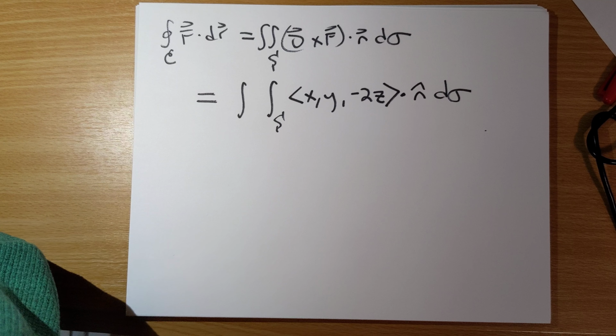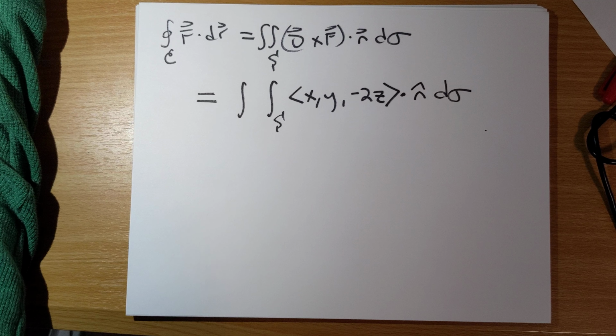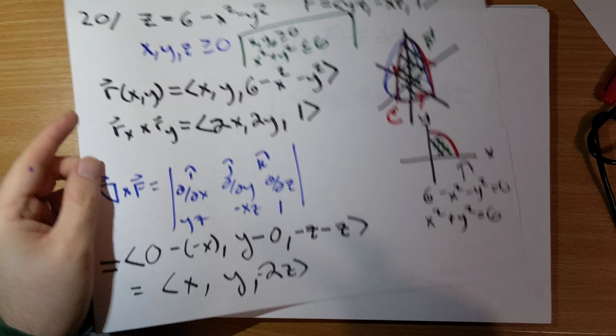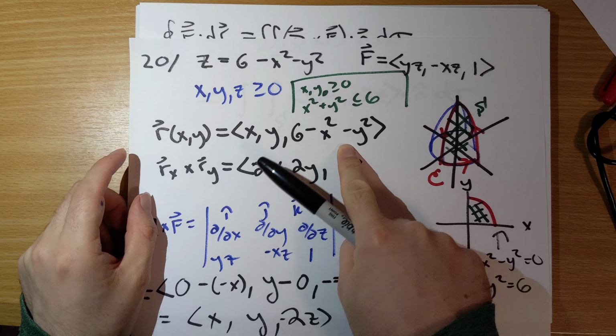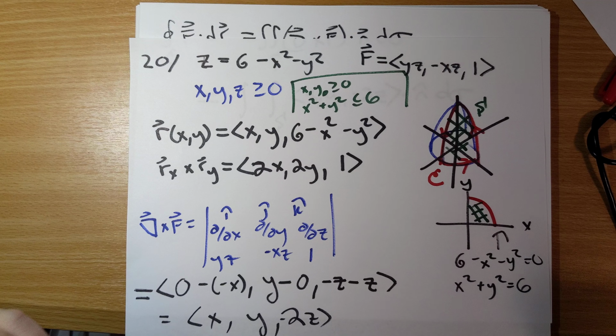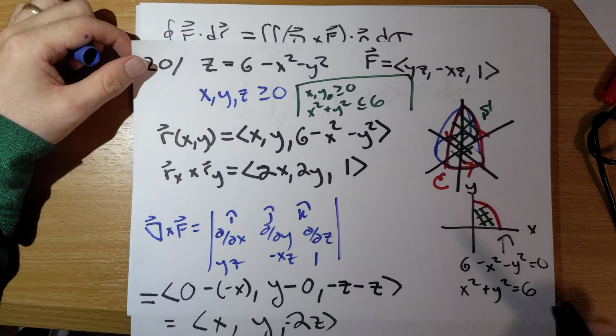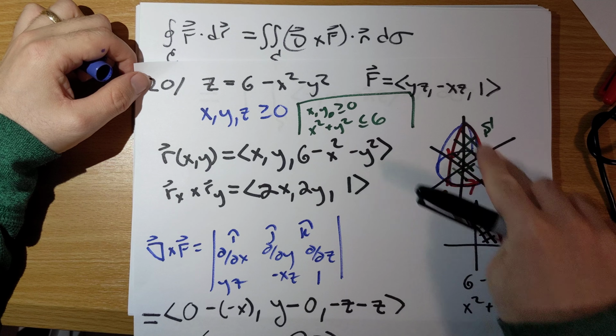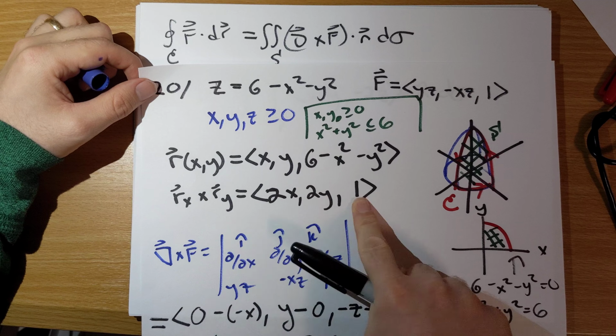At this point, we're being asked for polar coordinates. What I'm going to do is just do it in rectangular coordinates for the time being and then switch to polar coordinates at the end. Okay, so this is our parametrization for the surface. And we already have the normal vector, that's good.